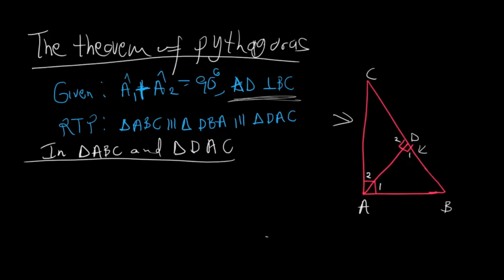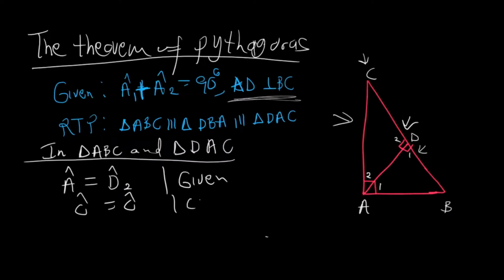The bigger one has angle A, and it equals this angle D2. That's what we can say. Reason is given. We're given this. And another thing is angle C, which is this one here, equals angle C. So it's a common angle.